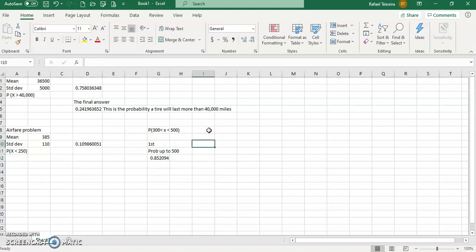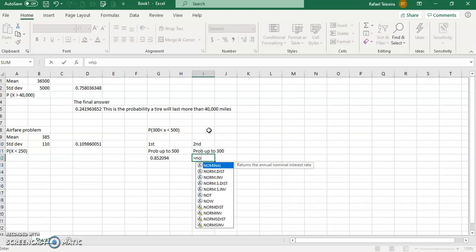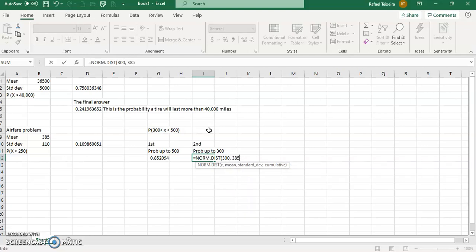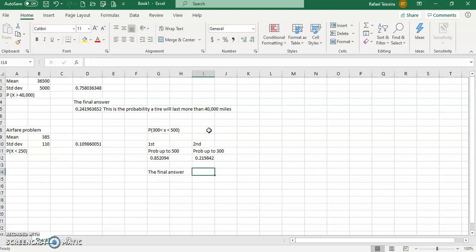Now the second one is the probability up to 300, and then I do norm.dist 300, 385, 110, 1, and then the final answer. The final answer is equal to, remember, the highest minus the smallest. So I'm subtracting one from another. I'm getting the middle probability, which is 0.63. So this is the final answer.